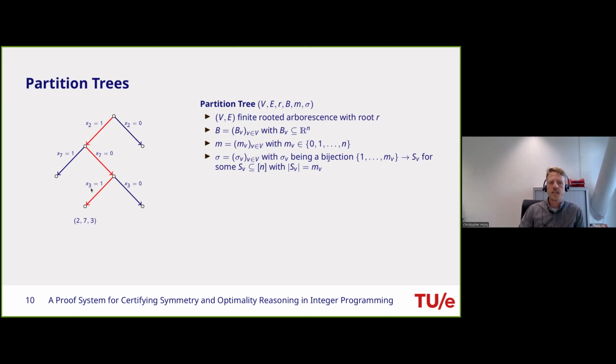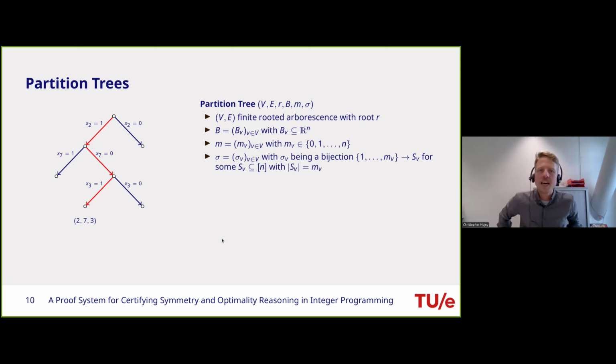So for instance, if I take the lower end of this red path, then this B_v is all the vectors in Rn such that x2 is fixed to 1, x7 is fixed to 0, and x3 is fixed to 1. But in principle, these sets can be arbitrary.